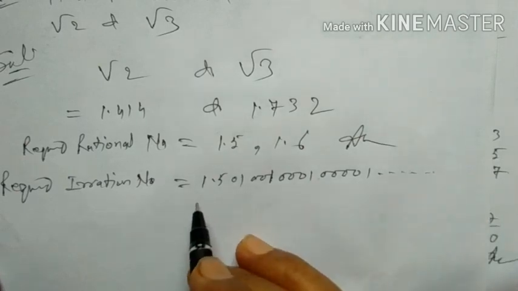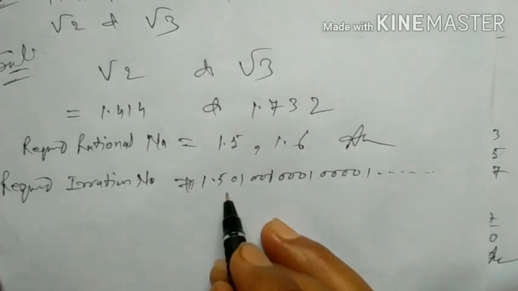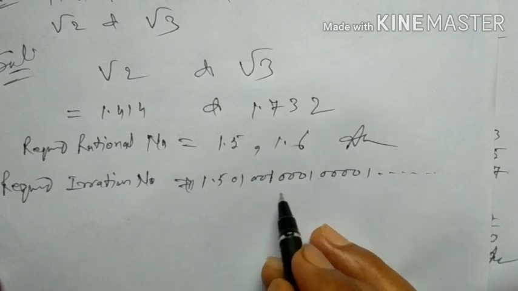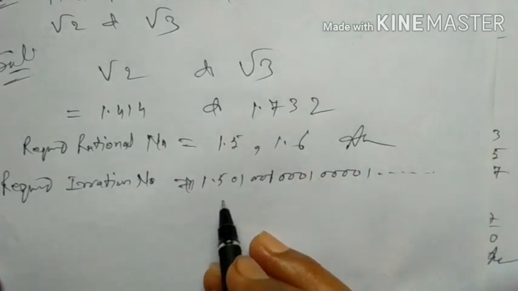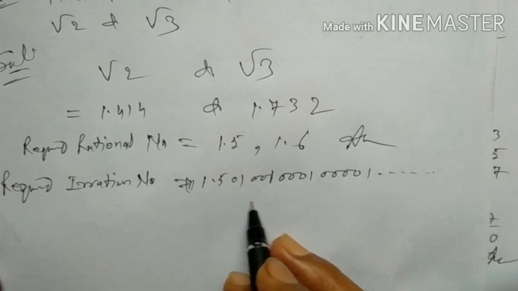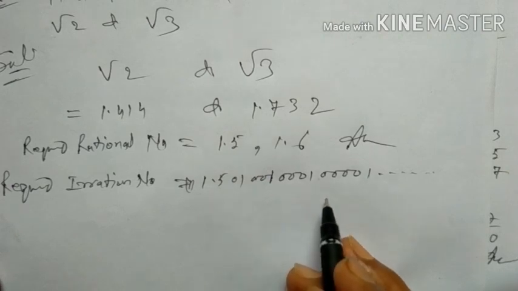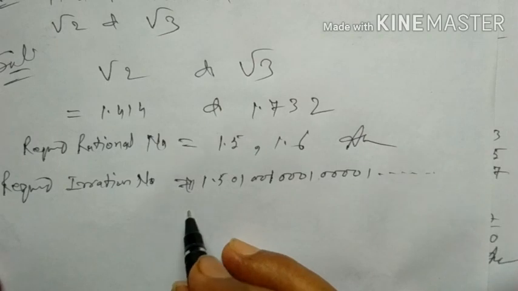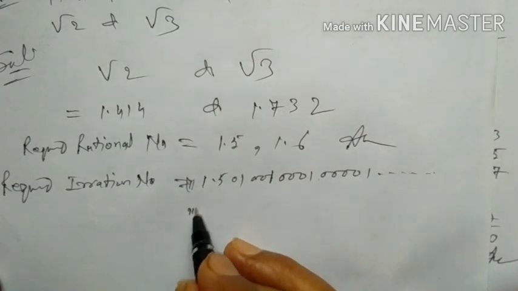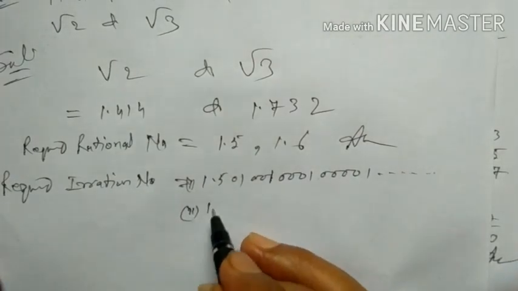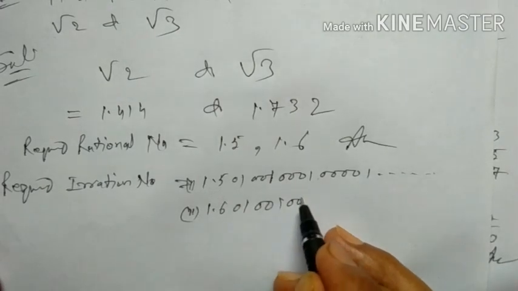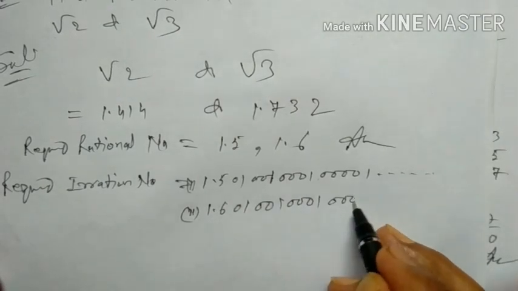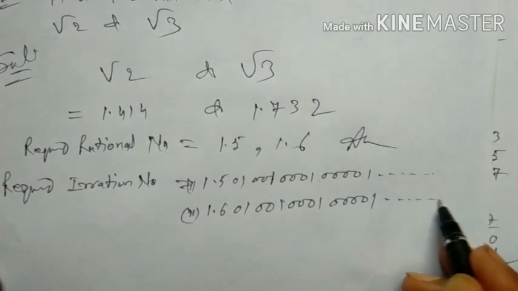You may write the next number 1.502, 002, 0002, 402 and so on, then 1.503, 003, 0003 and so on. But here we write using 1.6, 01, 001, 0001, 401, up to infinity.